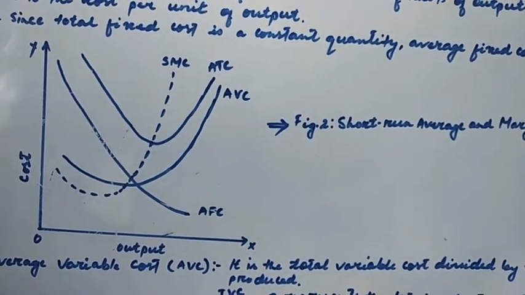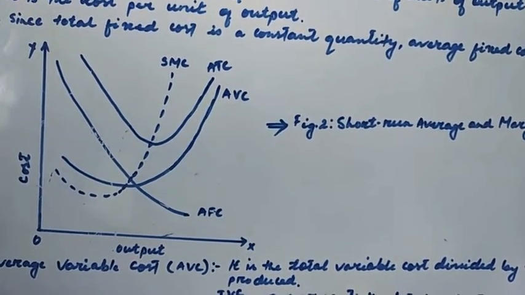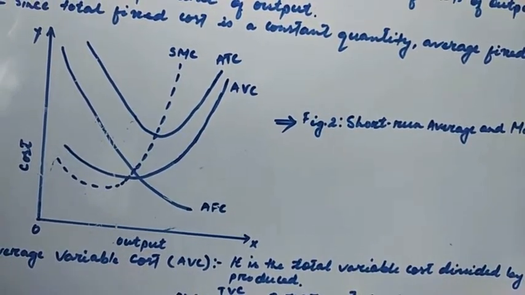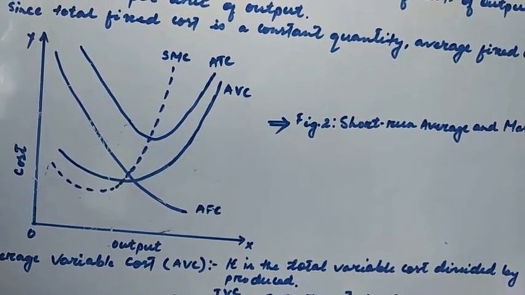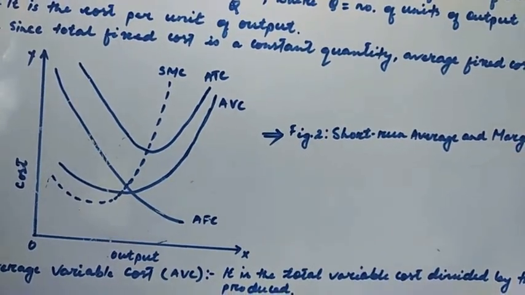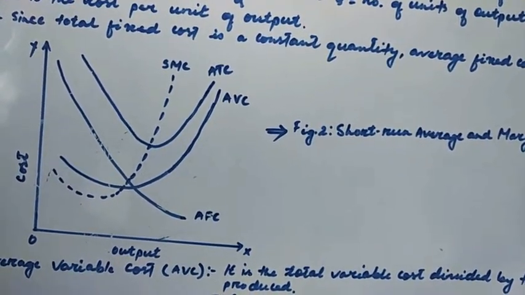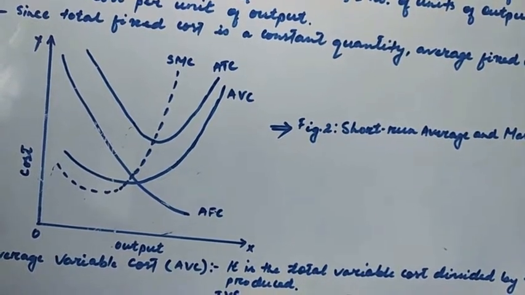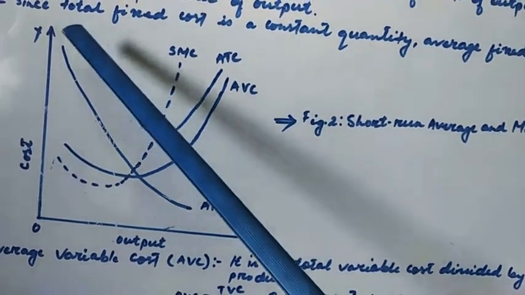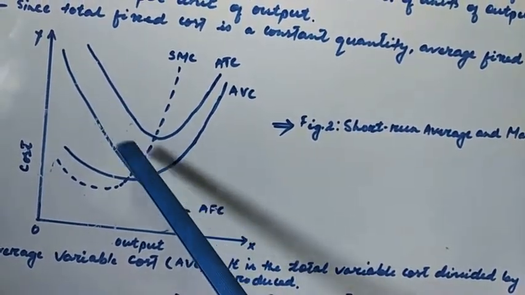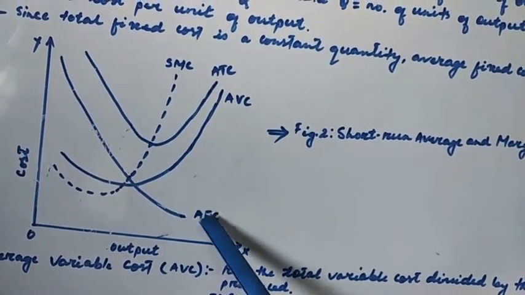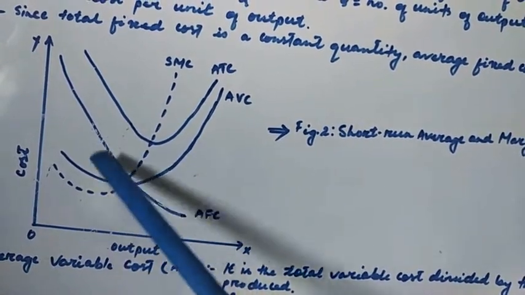Why is that happening? It is because the product of the average fixed cost and the corresponding quantity of output yields total fixed cost, which remains constant throughout. Because of the constancy of the total fixed cost, we are able to get the same product when we multiply the average fixed cost at any point on the curve with the corresponding level of output.